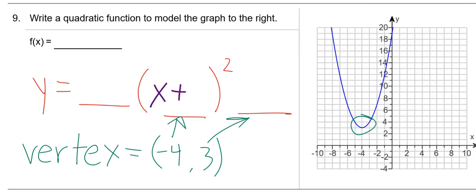X plus 4. Good, good, good. And then on the outside, plus 3. Opposite of what you see inside, exactly what you see outside. Now the last part, the part that we want in the front, the A value, well, I need to zoom in on my picture a little bit.